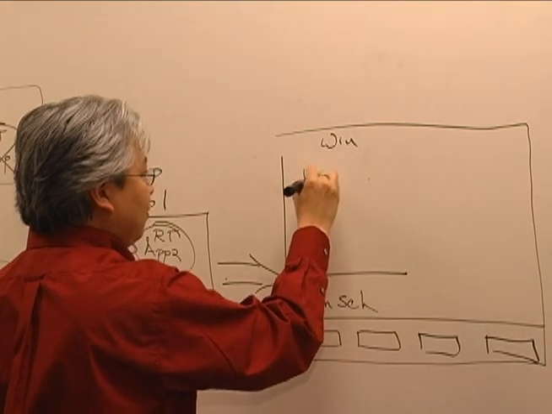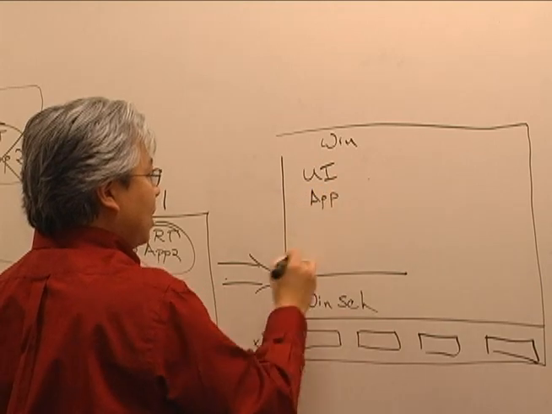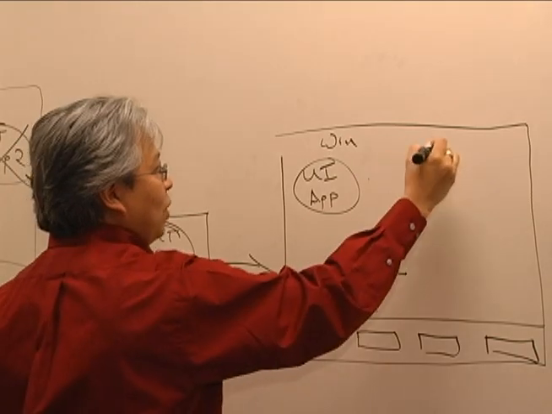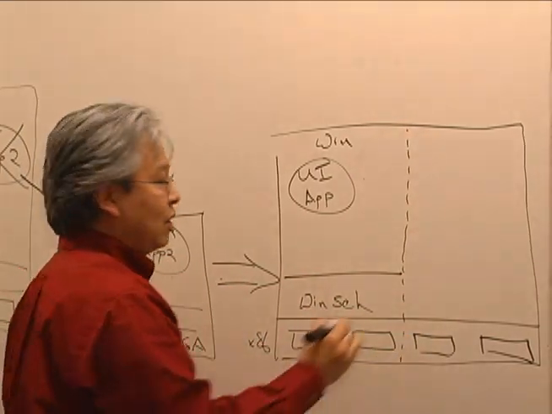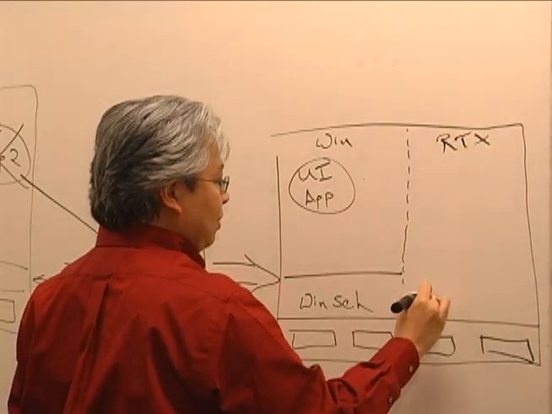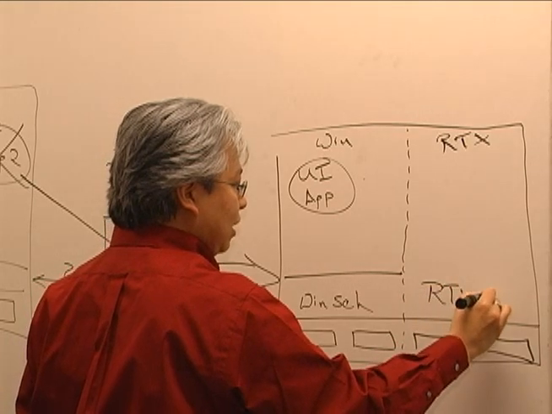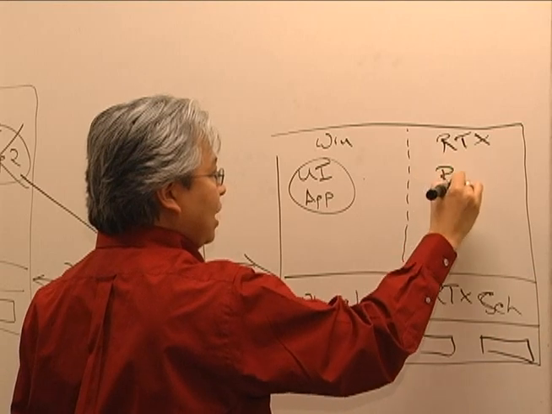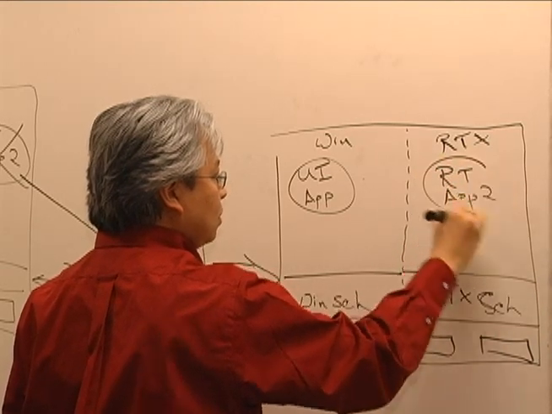And then you still have your user interface, which is app 1. But now, under SMP, a version of soft control, we actually have real-time extension, or a secondary scheduler, in place. So we'll call this space the RTX. That's the name of the product. And there's an RTX scheduler, a microkernel here. And so now you can have your real-time app and processes here.